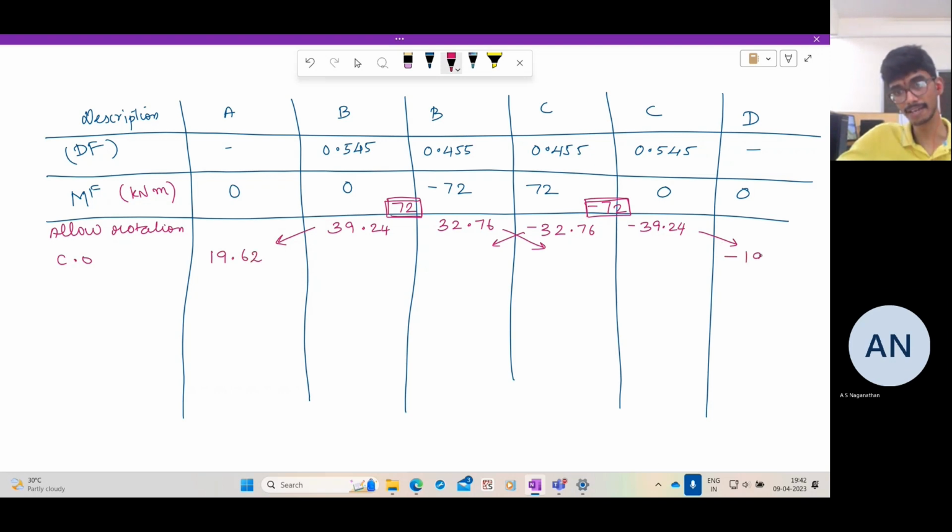Half of this is minus 19.62. Half of 32.76 is minus 16.38, and this transmits 16.38.